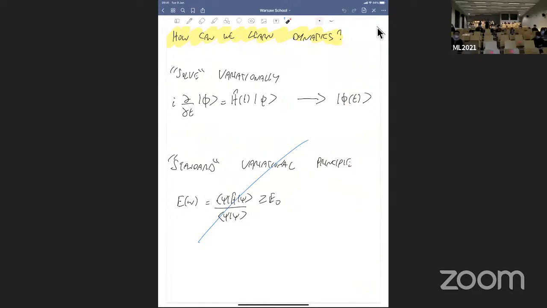Hi, I have one question. So this neural network representation, does it preserve some kind of structure of the Hilbert space? Can you add such states in your neural network approach?